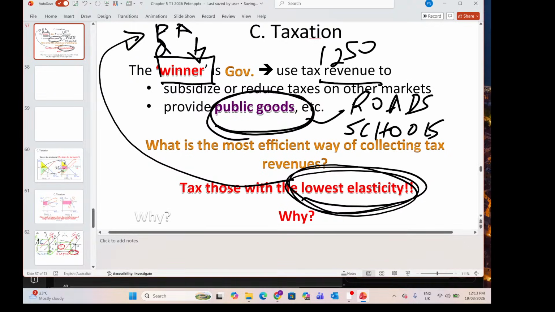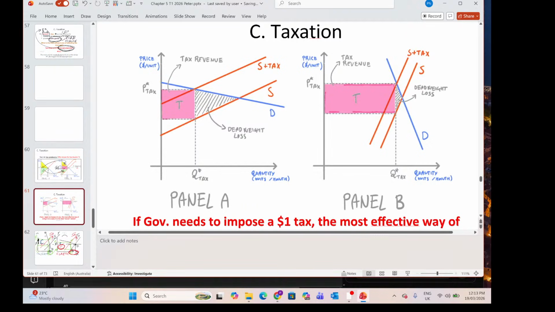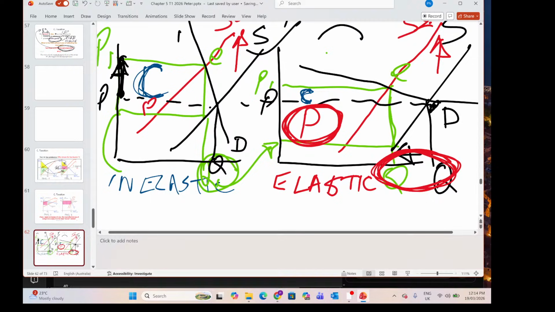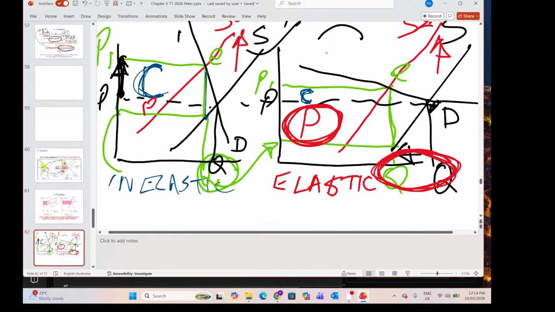If we go back and look at this diagram, I want to do one more thing here. I want you to look at the dead weight loss in the price inelastic good.